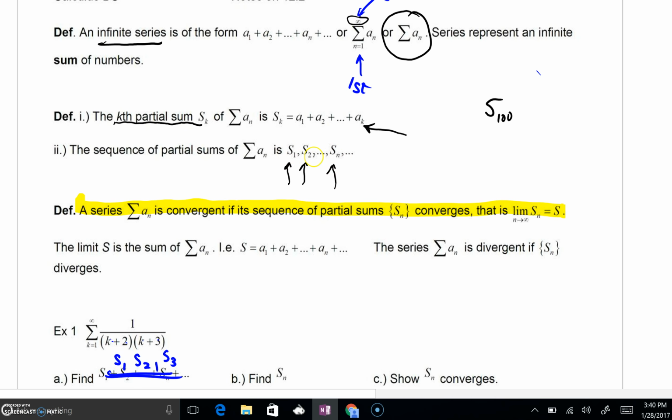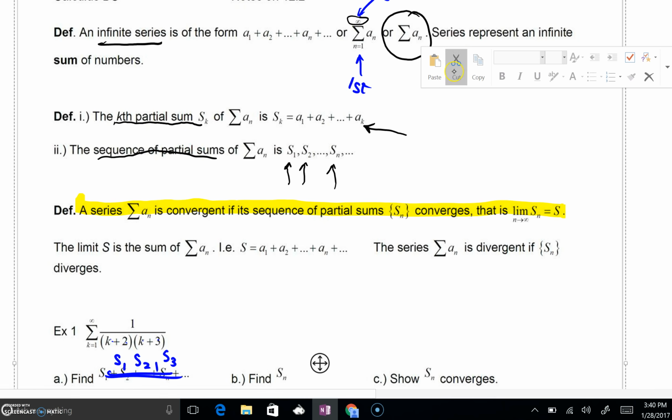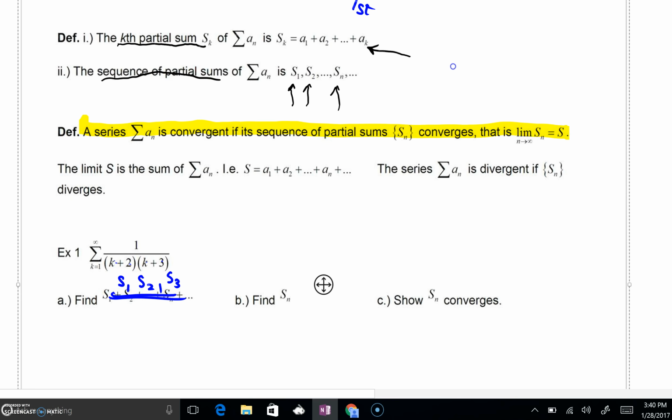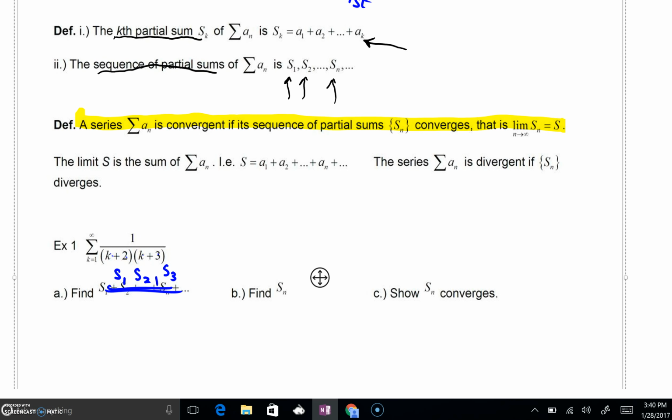If we're seeing a pattern, if our sequence of partial sums is going somewhere, getting closer and closer to a fixed value, like looking at the first 100 terms added up, then jumping to the 1000th term added up, and so forth, and we're getting a sum that's getting closer and closer to something, that allows us to say that the series itself is convergent.